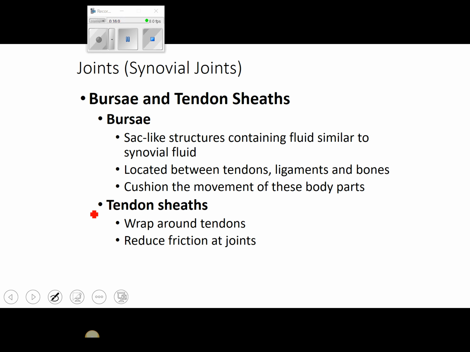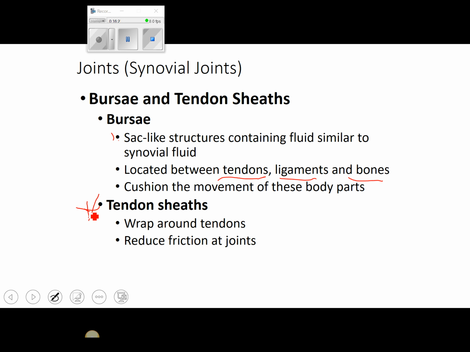Bursae also help to reduce friction and act as shock absorbers as well. We call them sac-like structures that contain fluid similar to the synovial fluid. As I said, they are located between tendons, ligaments, and bones. They also provide cushion for the movement of these body parts.